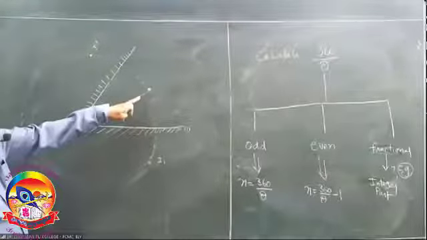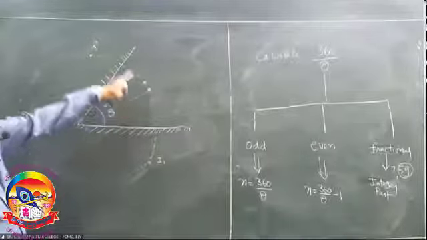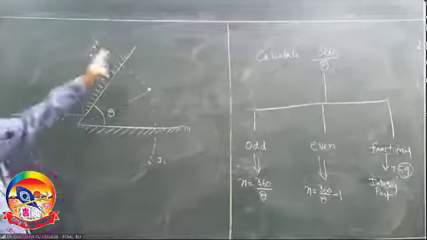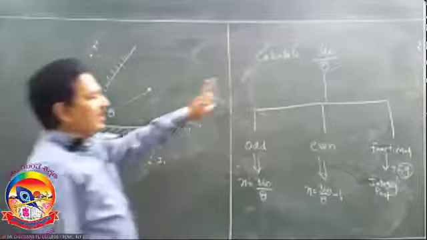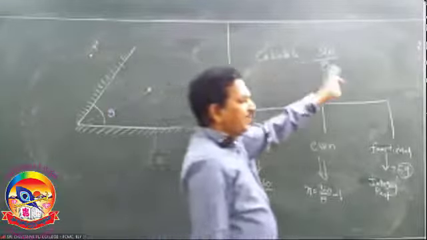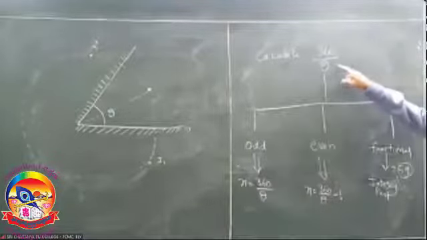Then the images formed will be on the circular path. First calculate 360 by theta.